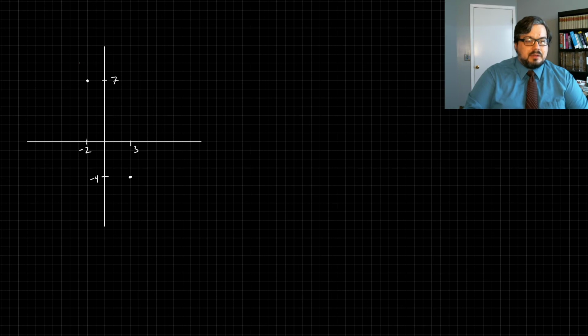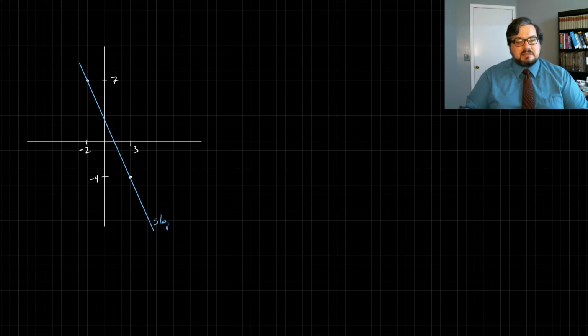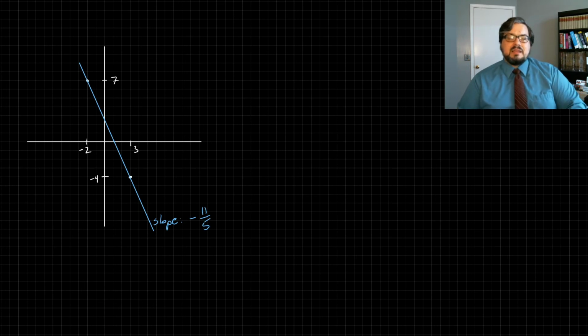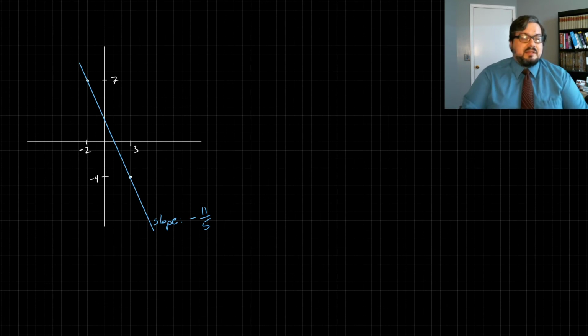And so here's the line. Here's the line that we got, and what we just found is that this has a slope of -11 over 5. Let's sketch out a few other lines here to see if we can tell what various values of the slope tell us about the lines in the graph.